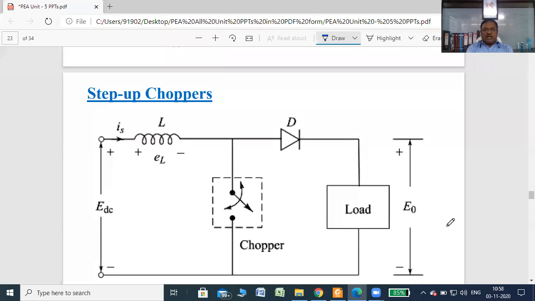To understand the working of the remaining chopper circuits, you have to understand the working of the step down chopper first, right? So again, if there is any doubt in the step down chopper, you can ask me. Otherwise, I will go for the next, that is called the step up chopper.